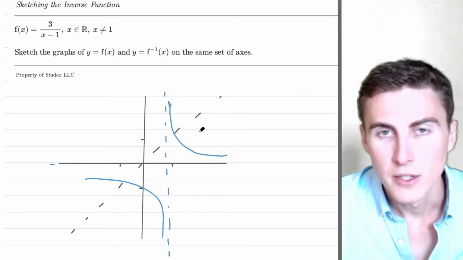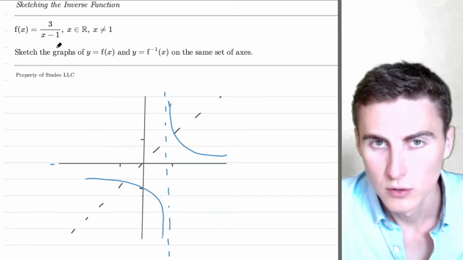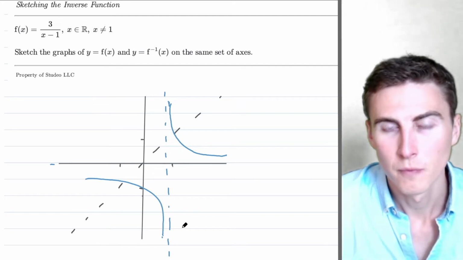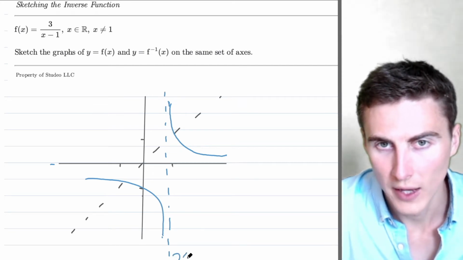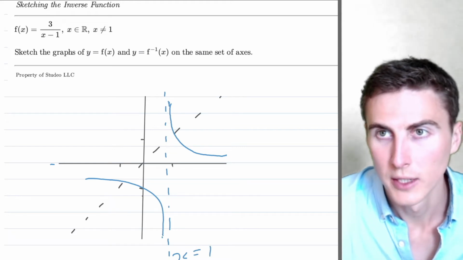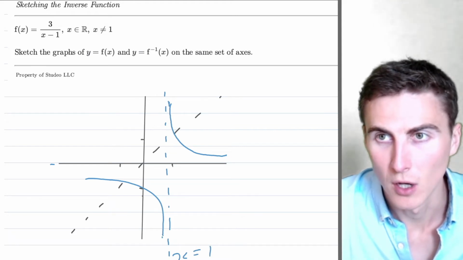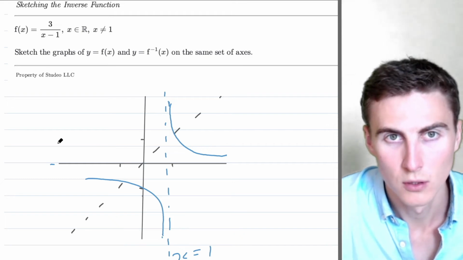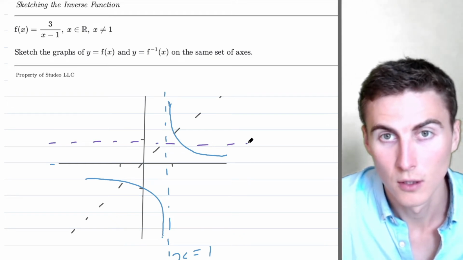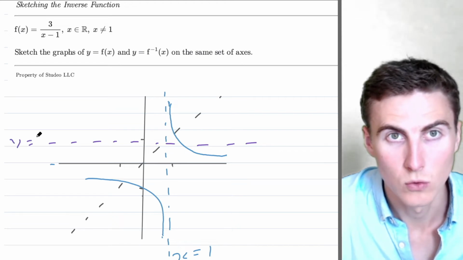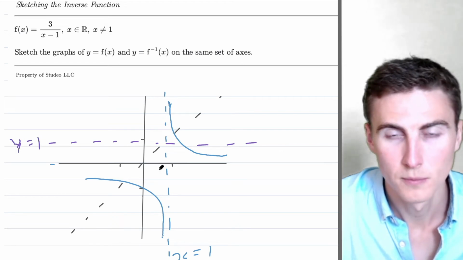Okay, so now for the inverse one, we need to flip this. So this asymptote of x equals 1 is going to flip and become y equals 1. So I can draw another one along here, and I make this one y equals 1.